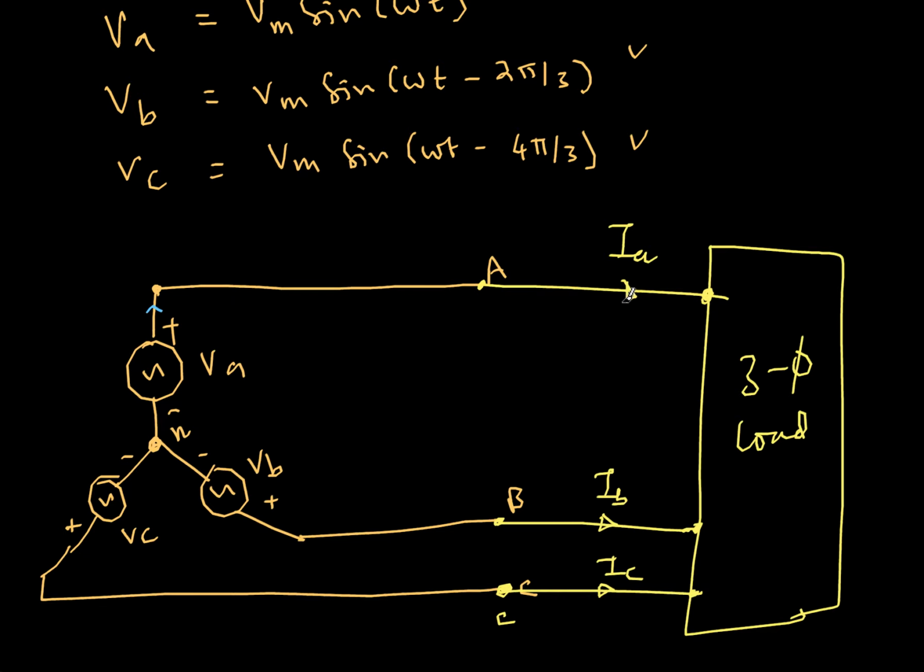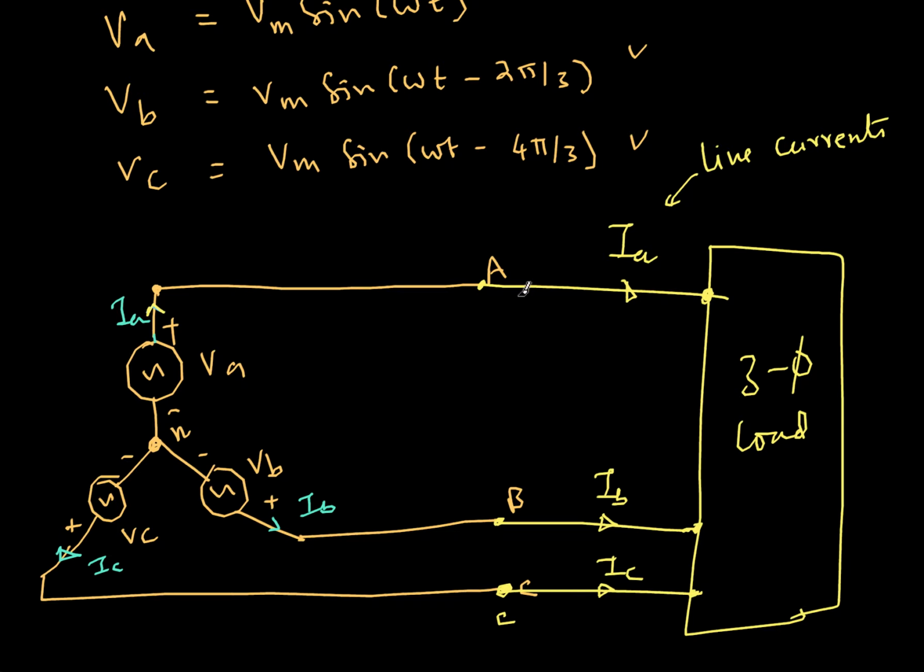Now these are called line currents, because these are the currents flowing in the line. Whereas this part is A phase, this part is B phase, this part is C phase. So this is IA, IB, and IC. These are called phase currents. But then if you notice, the line current and phase current are one and the same, because the connection we are doing is a star connection.